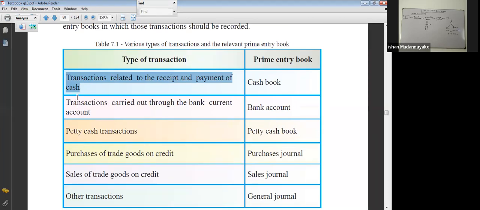Right then, the next one, bank account. What are the transactions recorded in the bank account? Read the note.